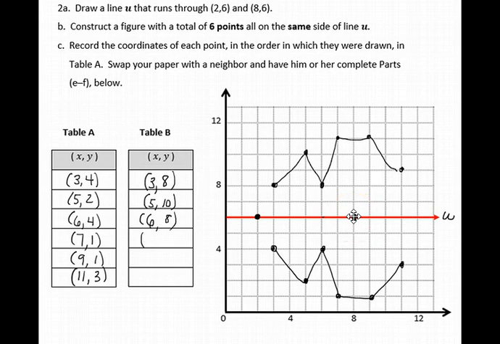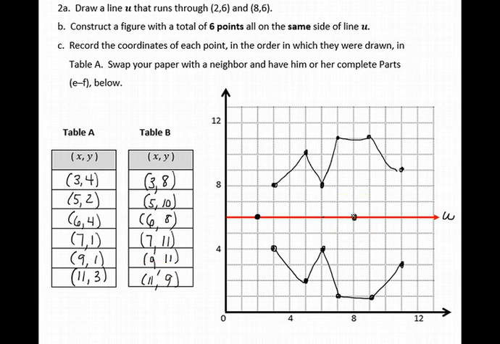The next point would be 7, 11. Next I would have 9 and 11. And my last point is 11, 9.